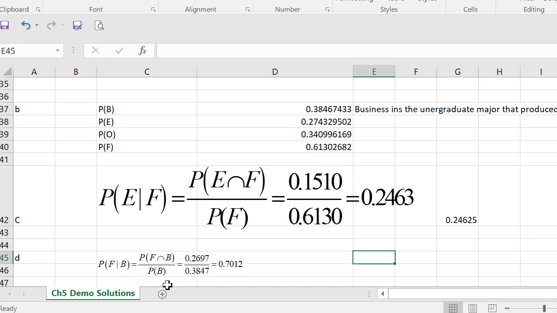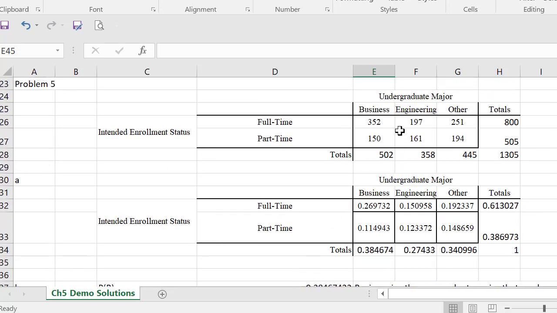We know that the formula then looks like this, the probability of F intersection B divided by the probability of B. So again, I think you're probably going to need to think about the wording of these problems. If they're mentioning something first, that is the overall probability, the bigger one is going to go in the denominator. So if we do this, the intersection of F and B from our joint probability table, full-time in business is 0.2697.